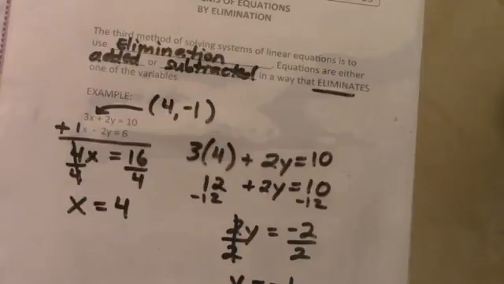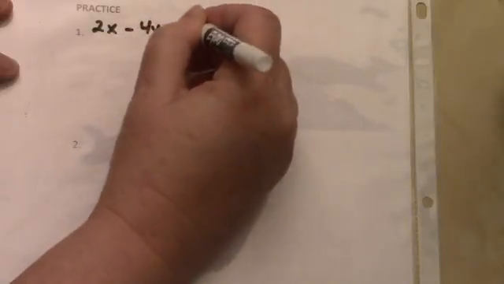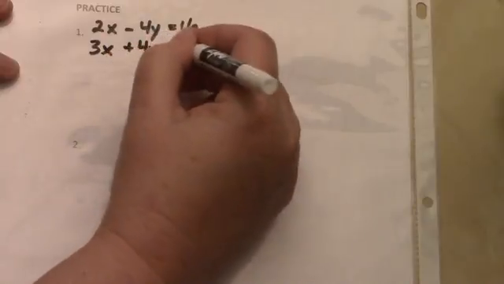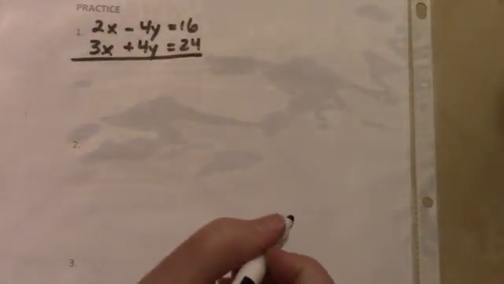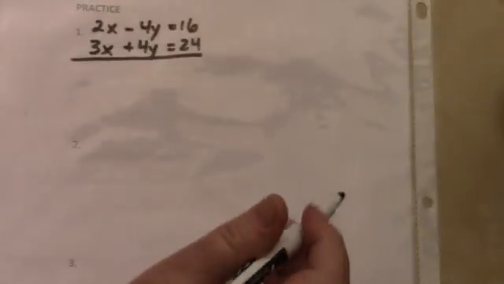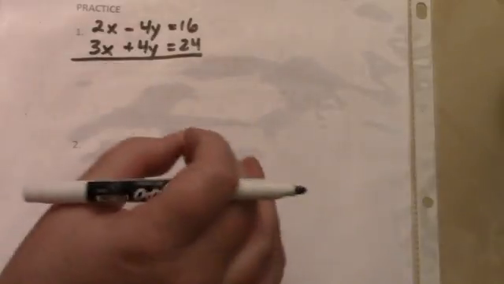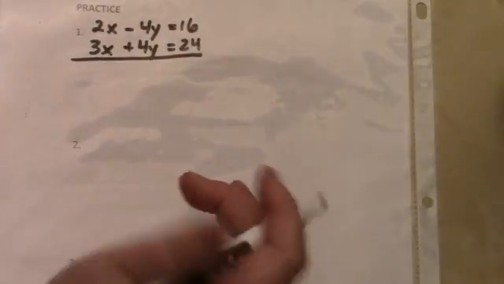Let's do some more practice together. Turn to the next page, page 15, and let's take a look at these two equations. 2x minus 4y equals 16. 3x plus 4y equals 24. Now, you get to decide which one, adding or subtracting, will result in zeroing out or eliminating one of the variables.